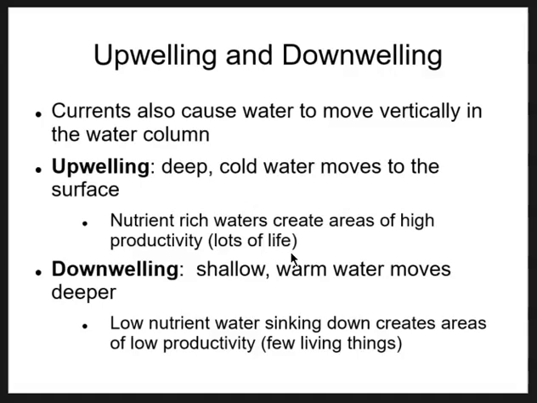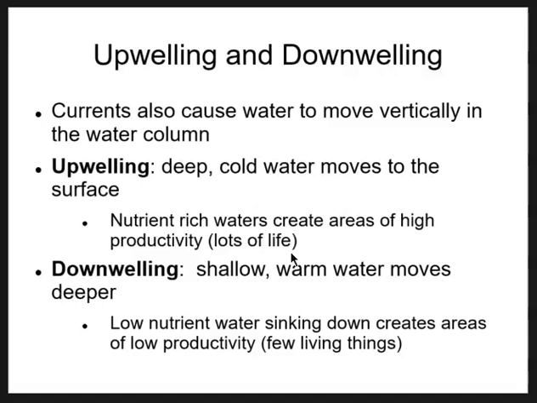In contrast, downwelling is where you have water that's at the surface that sinks down deeper. And so you have shallow, warm water that moves down into deeper waters. Now, this is the opposite situation of upwelling in that the area where downwelling is occurring in the surface waters is actually going to be low in productivity because there are no nutrients coming up to the surface.